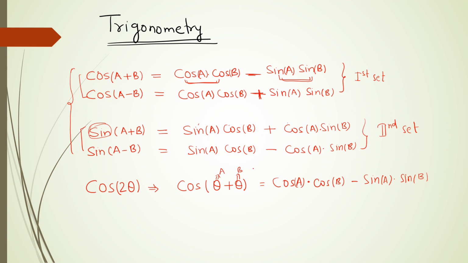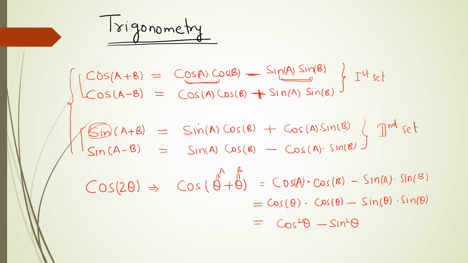Okay. Again, now A is also theta and B is also theta. Then we will write it cos of theta into cos of theta minus sin of theta into sin of theta, as B is also theta. Cos theta into cos theta, we know that is cos square theta, minus sin theta into sin theta, that is sin square theta.